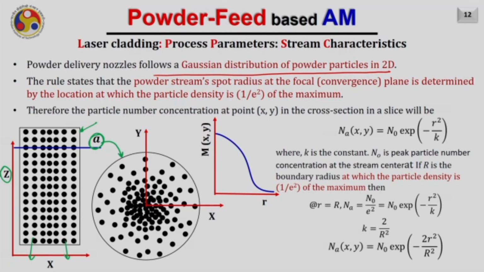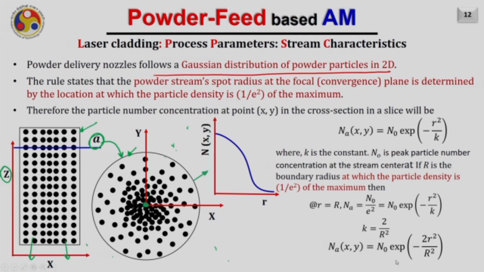What does it say? The rule says the powder stream's spot radius at the focal plane is determined by the location at which the powder density is 1/e² of the maximum. Fine. So there may be some particles outside, maybe 1 or 2, but this black color boundary is saying that at this boundary the density of the powder particles is 1/e² of the maximum value, which is at the center.